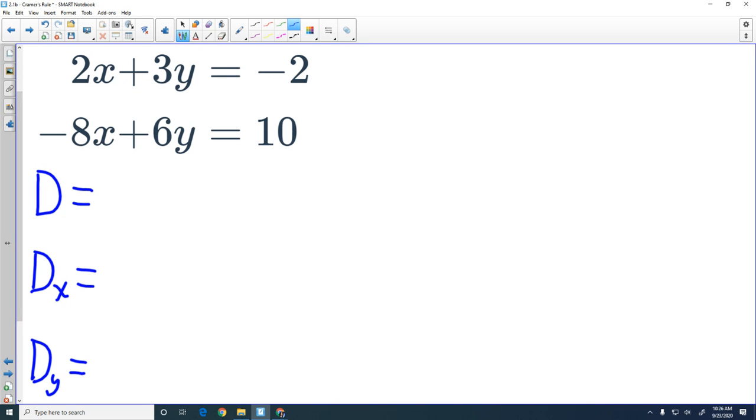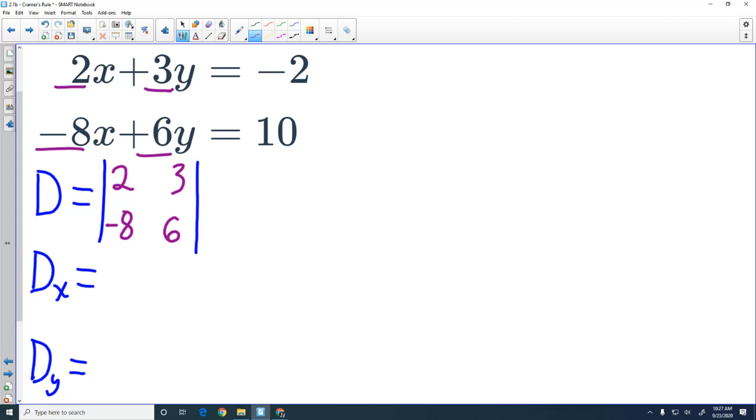The first one, d by itself, that is just the coefficient determinant. And so I'm looking for the four coefficients, and you just write them in the same order that they show up in these equations. Just like that, like I've underlined them. So it's going to be a 2, a 3, a -8, and a 6.